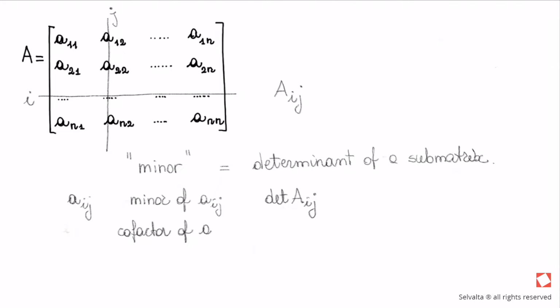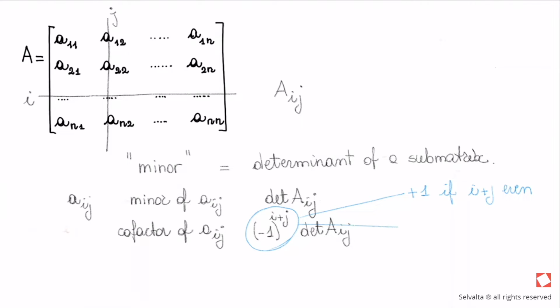The cofactor is equal to the first minor, except maybe for a change in sign. It corresponds to the first minor multiplied by the coefficient minus 1 power i plus j. Therefore, if i plus j is even, this coefficient will give simply a plus 1.